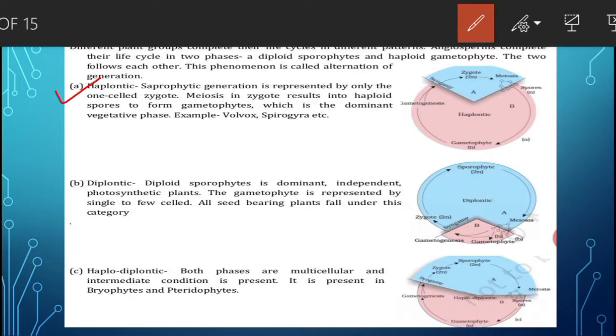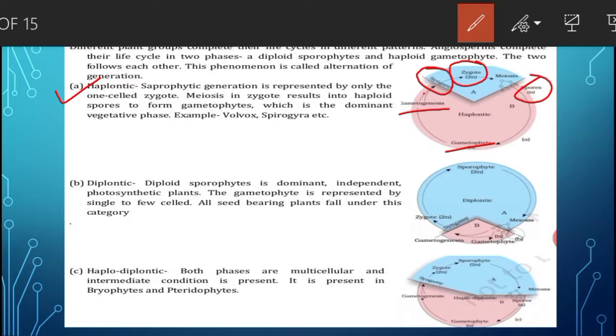You can see in the diagram the spores, okay, they will produce the dominant photosynthetic phase, that is the gametophyte phase, and the gametophyte produces the gametes. Gametes are produced, that process is called gametogenesis. They will undergo fusion, that is syngamy will take place, which produces a zygote, which is a diploid structure.